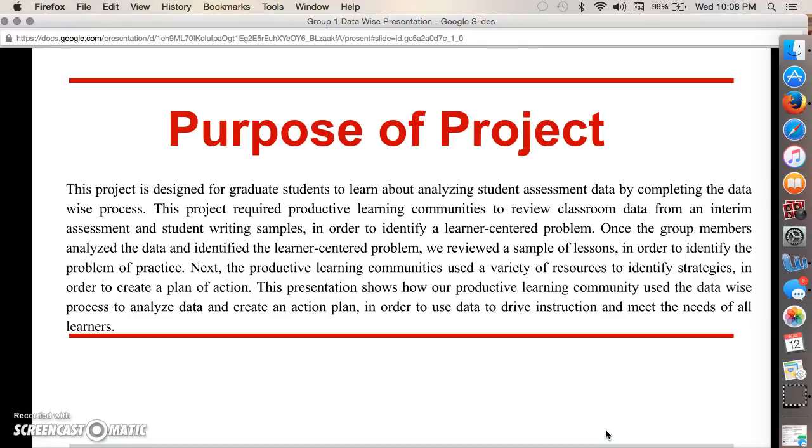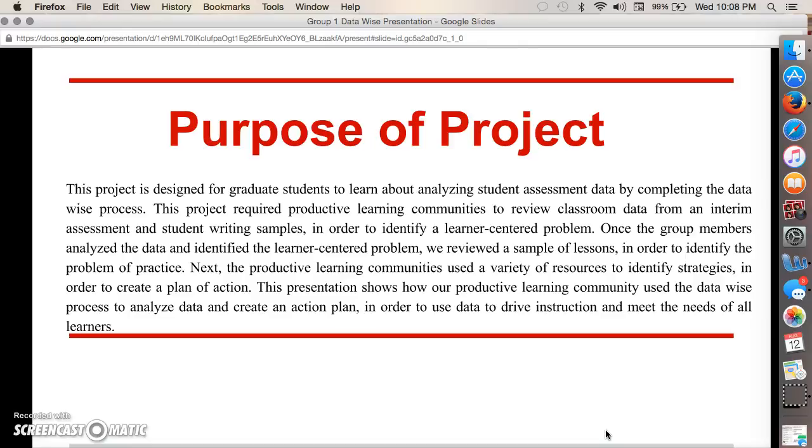After we analyzed the data, we tried to figure out what our learner-centered problem was. A learner-centered problem is what we think that the kids were having the most trouble with. So we got that from taking a look at all of the data and where the students were lacking in some areas.